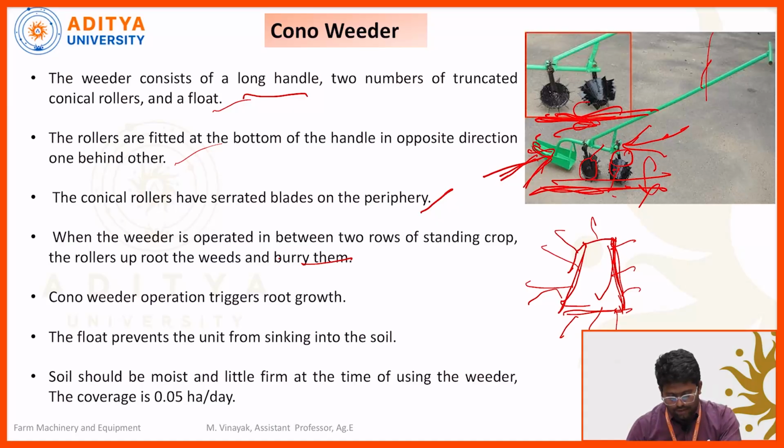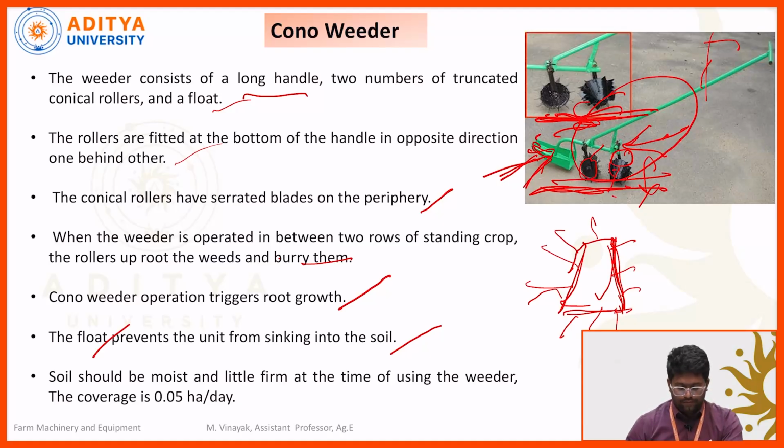Conoweeder operation triggers root growth. The floats prevent the unit from sinking into the soil. So this entire implement does not sink into the soil by using this float. Okay, the capacity of the conoweeder ranges from 0.05 hectare per day.